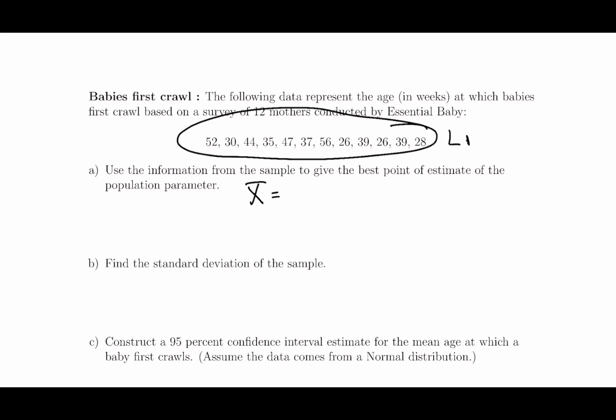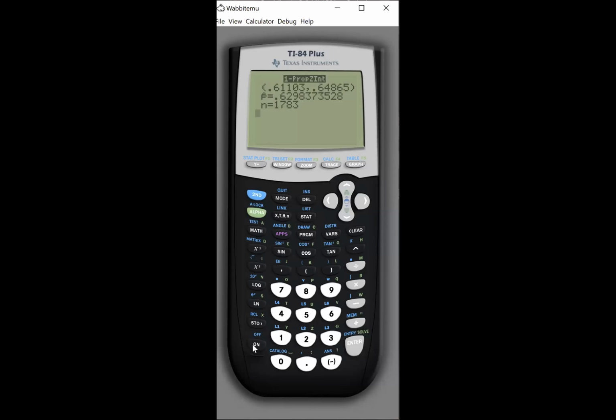So let me enter this into L1. I'm going to transition over to my TI calculator. We'll go to stats, we'll go to edit. Let me clear this list, and let me enter the data set. So we get 52, we get 30, we get 44, 35, 47.